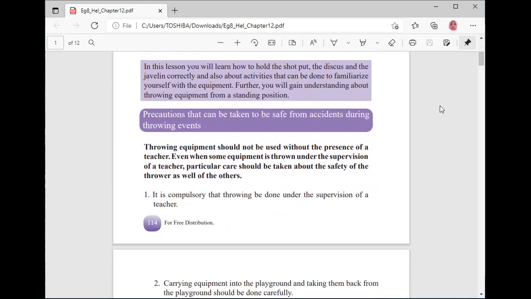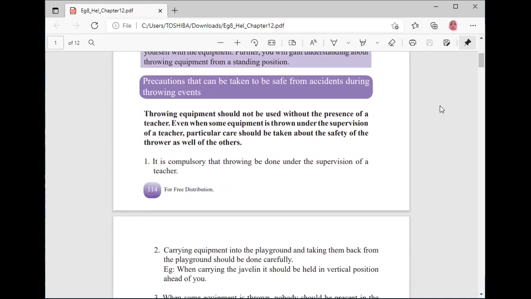So, we'll see precautions that can be taken to be safe from accidents during throwing events. Throwing equipment should not be used without the presence of a teacher. Even when some equipment is thrown under the supervision of a teacher, particular care should be taken about the safety of the thrower as well as of others.